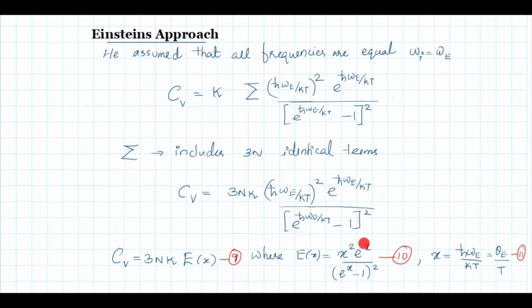That is known as E of x, the Einstein function. And this x equal to h cut omega E by kT, we can write as theta E by T, where theta E is a quantity having the dimension of temperature, and it is known as the Einstein temperature. So Cv is 3Nk into E of x.